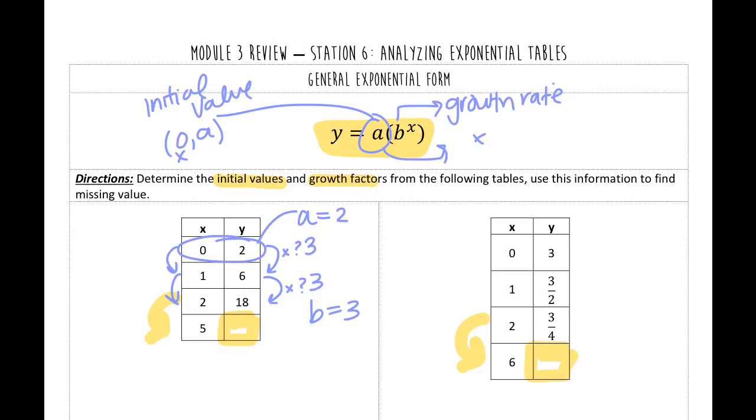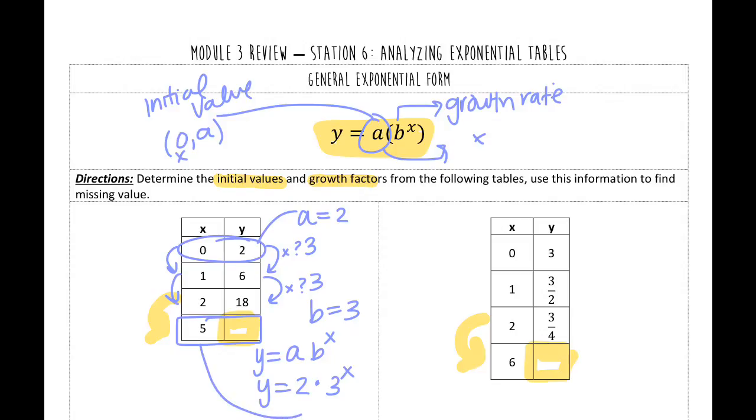Sometimes it's pretty simple to see the pattern, sometimes it's not. But I do have everything I need now to write my equation. So I could write y equals a b to the x power, which would be y equals 2 times 3 to the x power. And if you see here, the value that they want is when x is 5.